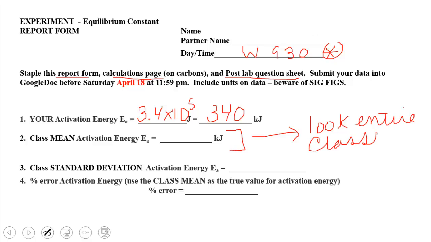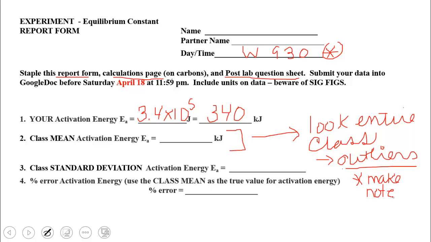Now, you are going to want to make a decision. If you see that there are outliers in the data, where most people are getting the same answer, but maybe one group has data that is incredibly different, you can remove the outliers from your calculation. If you do that, you need to make note of that.